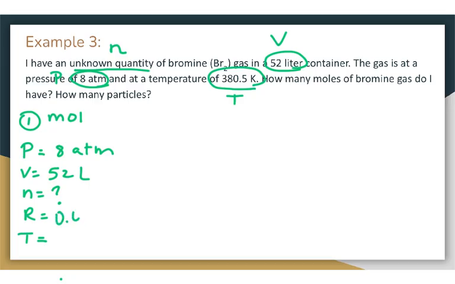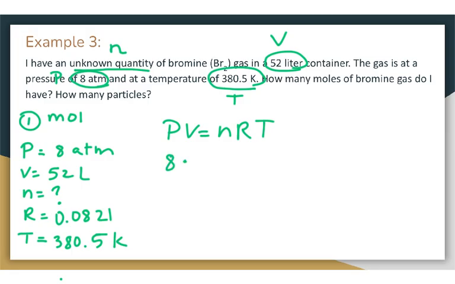R, we always know our R value. So make sure you have that written and put a little star so you don't forget that that is a number we know. And then my temperature. Already in Kelvin, so I don't have to convert that temperature, which is nice. And then I can plug those into my ideal gas law, which is PV equals nRT.